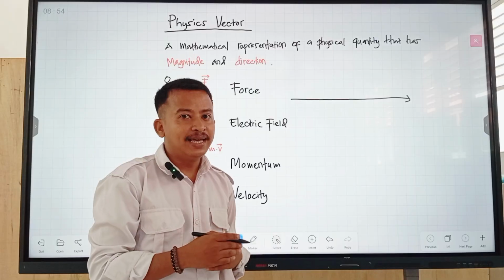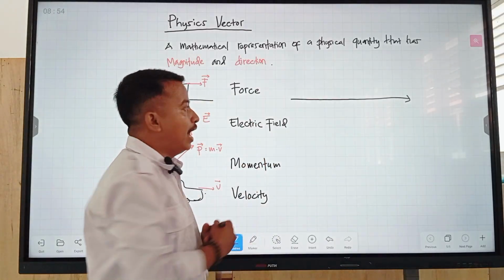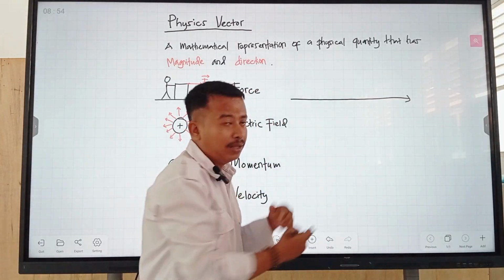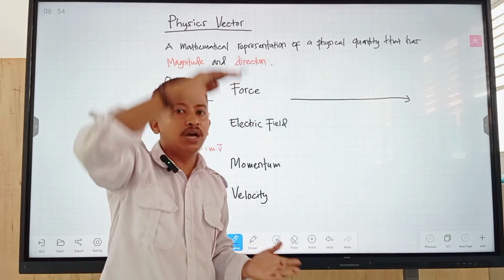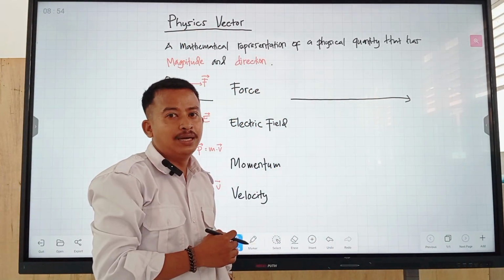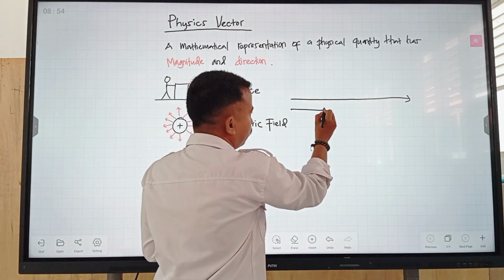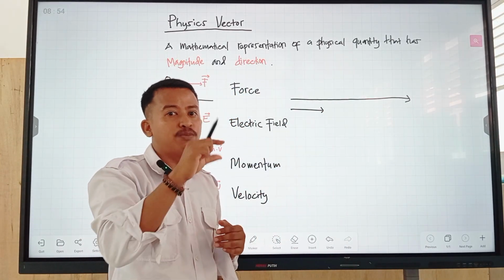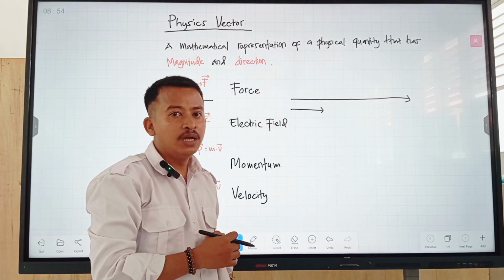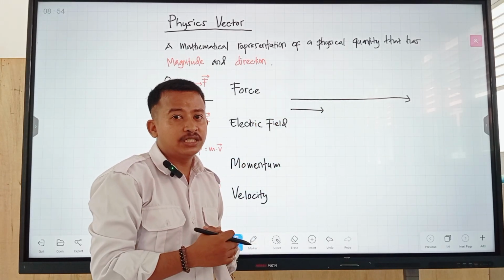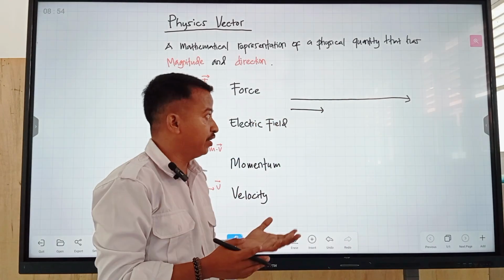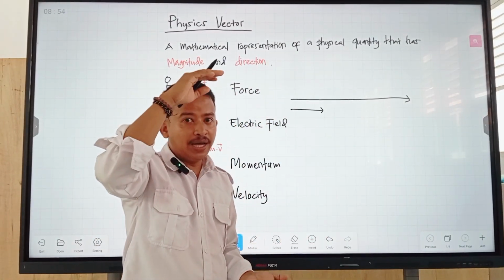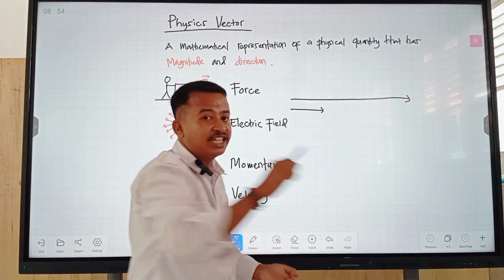For example, if we talk about force, if I draw a long arrow, I talk about a large force. And if I draw a short vector in the same direction, I talk about a small force. So the only difference here is, if it's long, it's large, and if it's short, it's small.